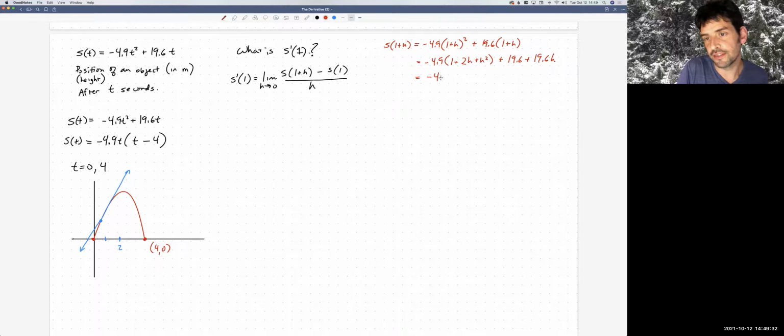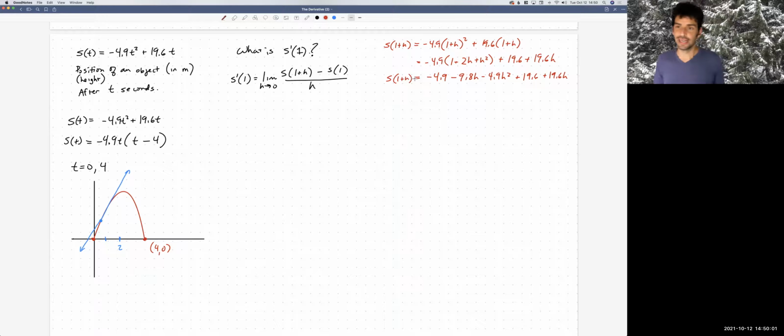And then I can multiply this out and get negative 4.9 minus 9.8h minus 4.9h squared, plus 19.6 plus 19.6h. So there's our S of 1 plus h. Okay. I'm not going to simplify any further at this moment.